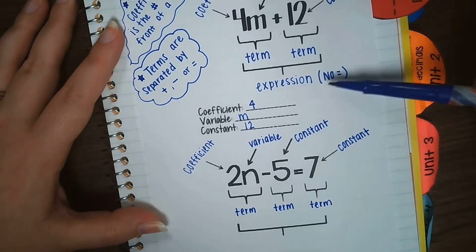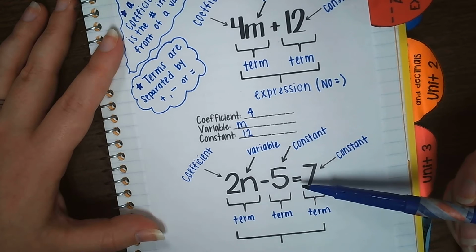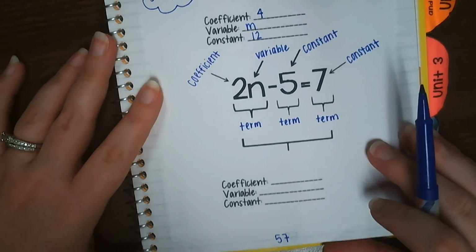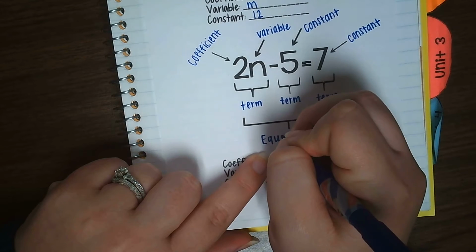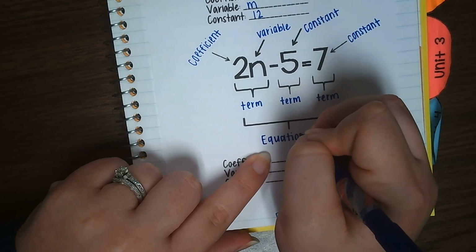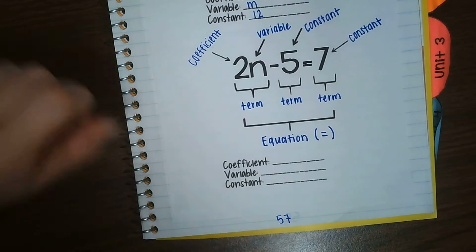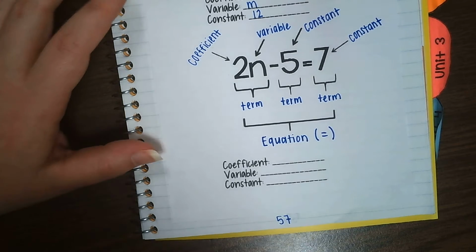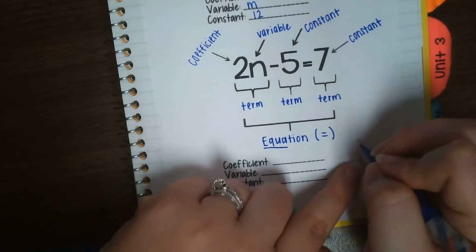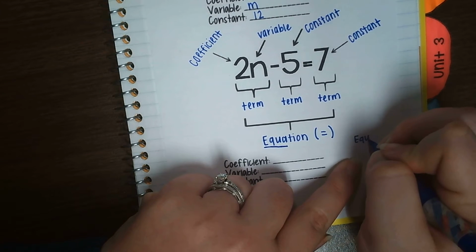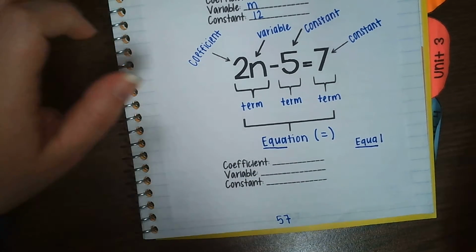So we talked about before that an expression does not have an equal sign, but we have an equal sign. So when we do have an equal sign, it's called an equation. An equation has an equal sign. I like to remember equation, E-Q-U-A, and equal, E-Q-U-A-L, both start with the first 4 letters.